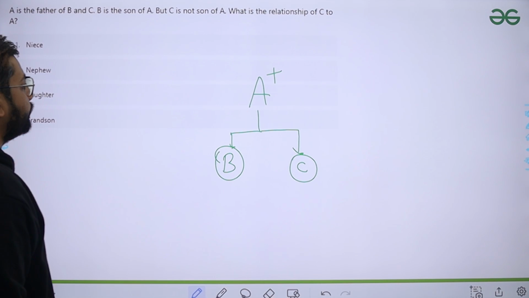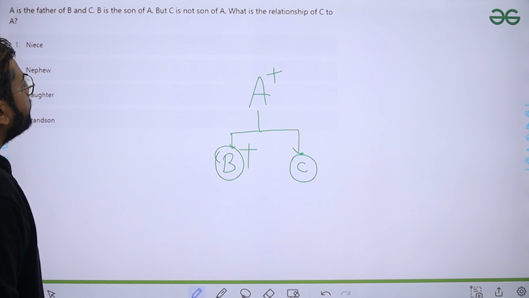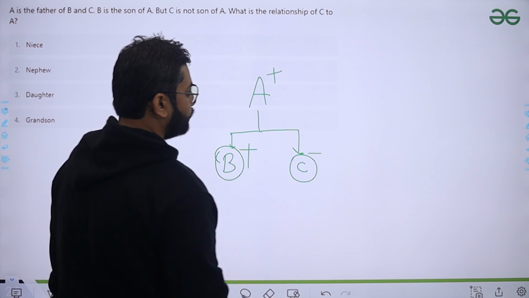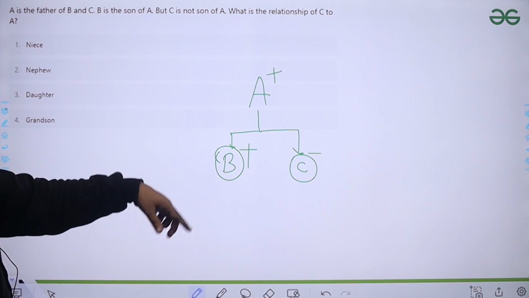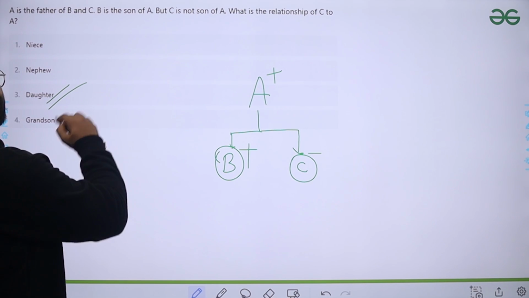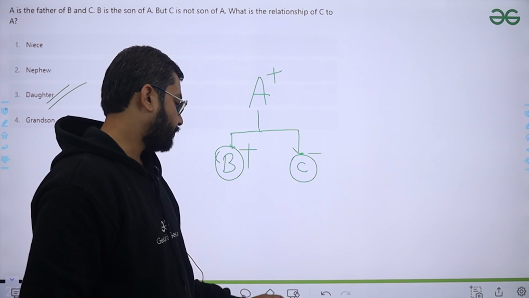Now B is the son of A, so B is male. But C is not the son of A, so C is female. What is the relation of C to A? C will be the daughter of A, or A is the father of C.